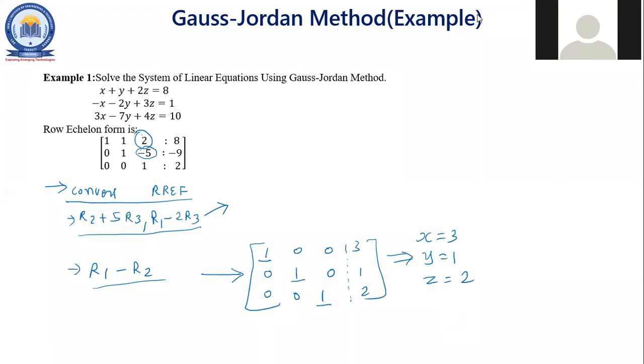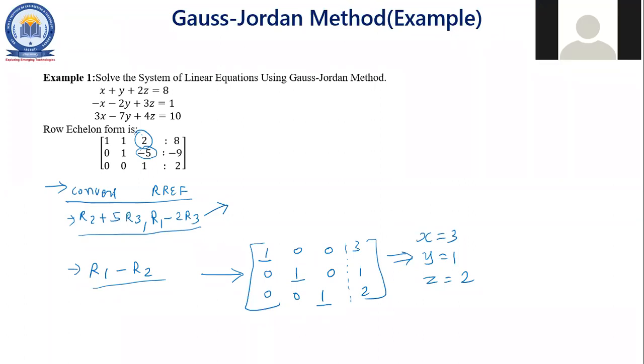Fine. We saw two methods, Gauss elimination method and Gauss-Jordan method. So we have seen an example that has a unique solution.